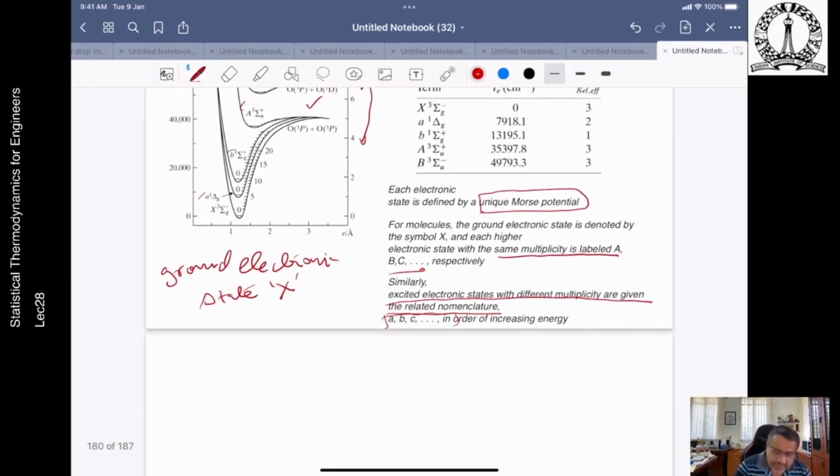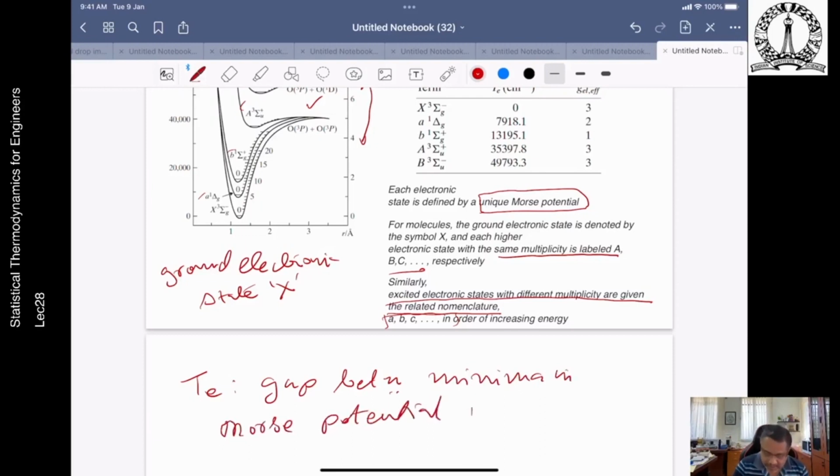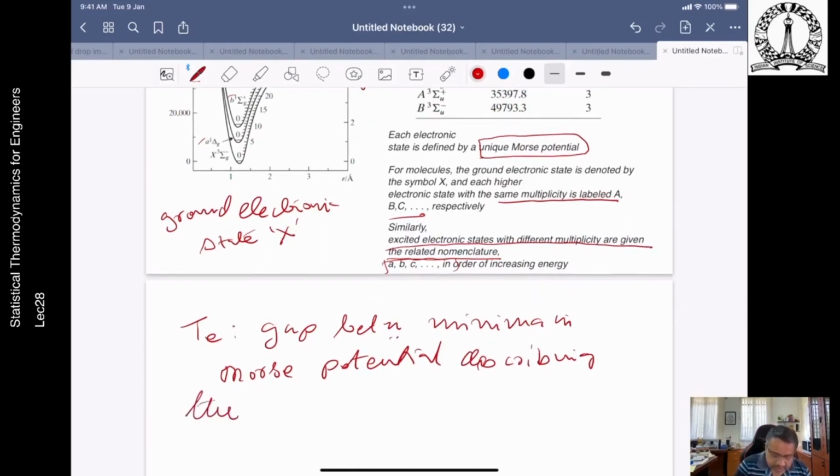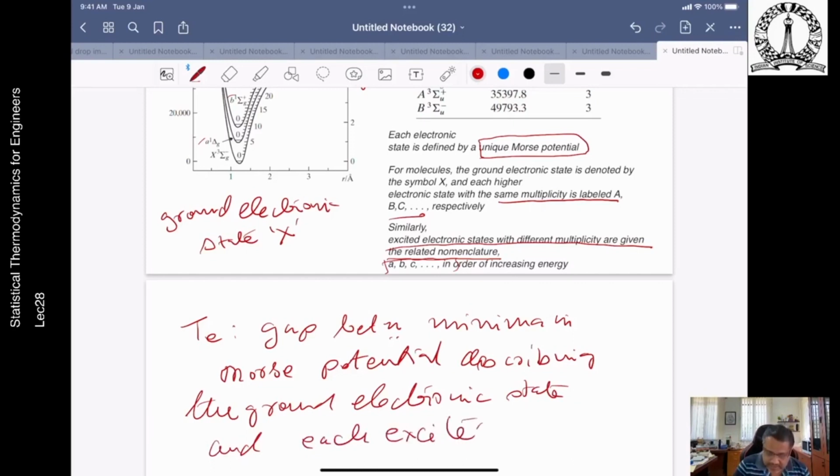This TE that you see over here represents the gap between the minima in the Morse potential describing the ground electronic state and each excited electronic state.